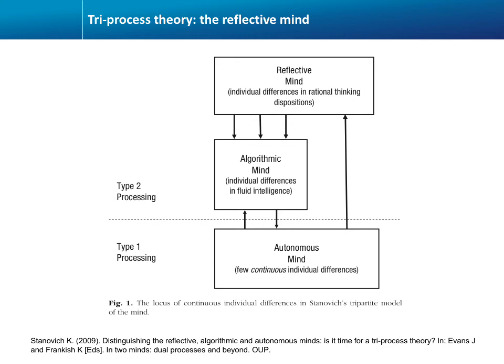Well, this is a different representation of System 1 and System 2. And psychologists have divided System 2 again into two: the sort of algorithmic mind, the deliberate, analytical thinking bit, and the reflective mind.